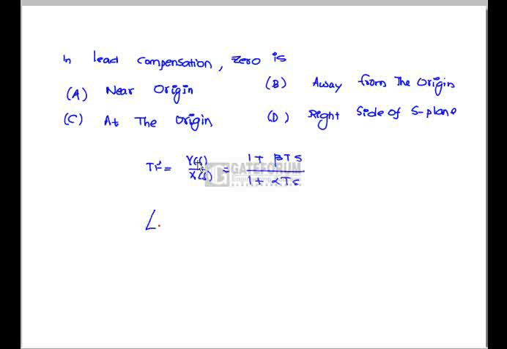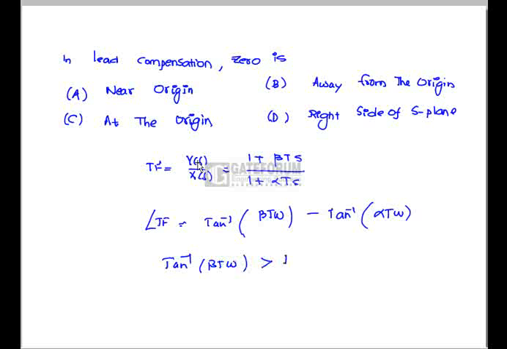The angle of the transfer function is tan inverse of beta t omega minus tan inverse of alpha t omega. For the lead compensation, the angle must be greater than 0. Then only we can say that this is providing lead compensation. So tan inverse of beta t omega greater than tan inverse of alpha t omega.